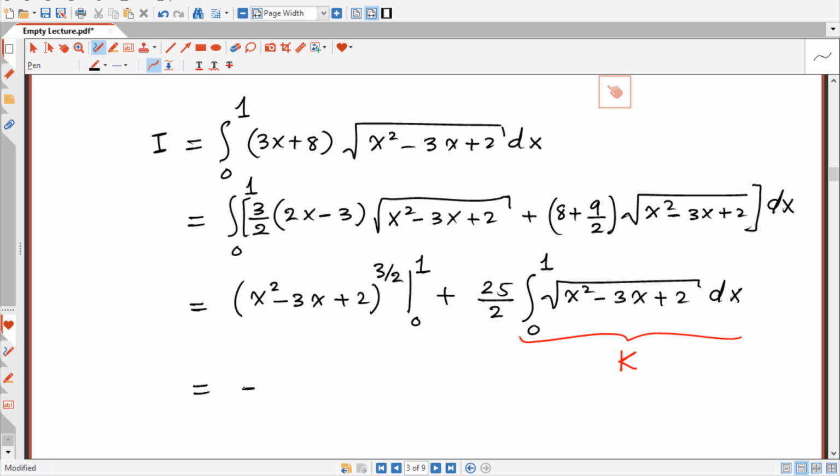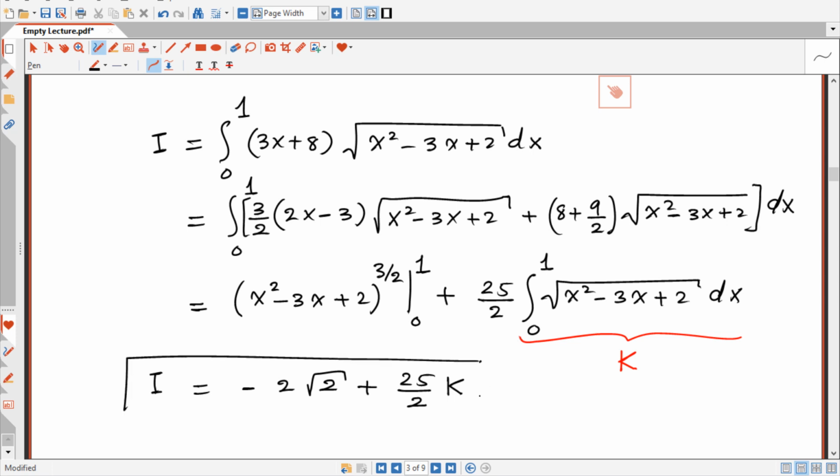That is equal to minus 2 multiplied by the square root of 2, plus 25 over 2 times k. That's the value of I, and I will put a box here to mark that. So to evaluate I, we have to evaluate k.